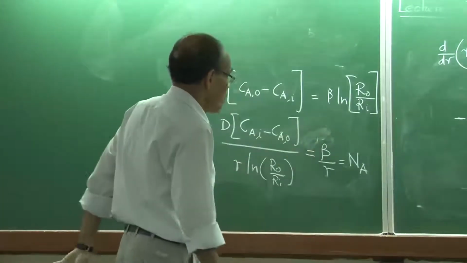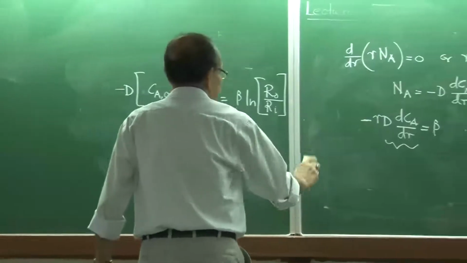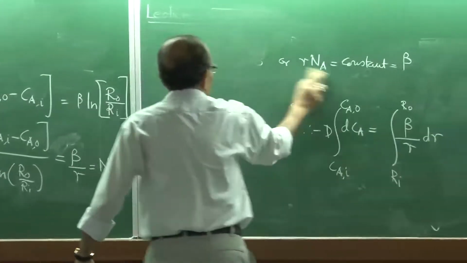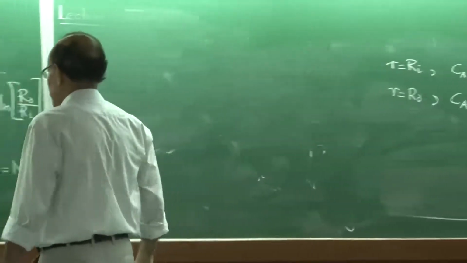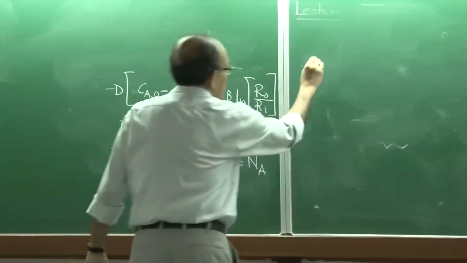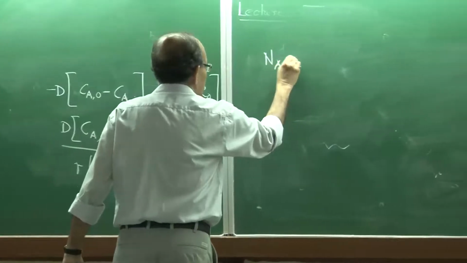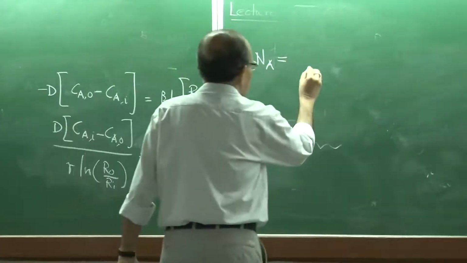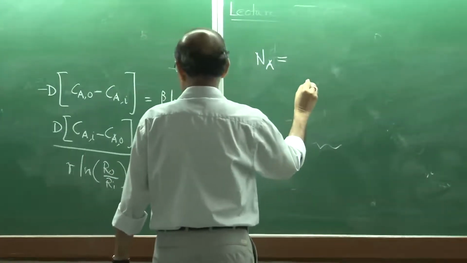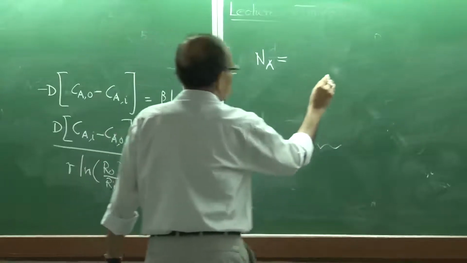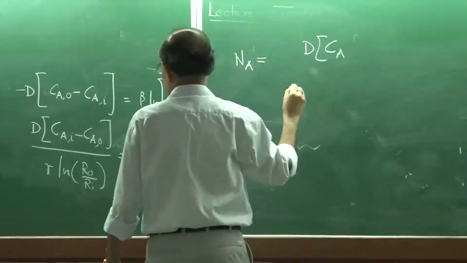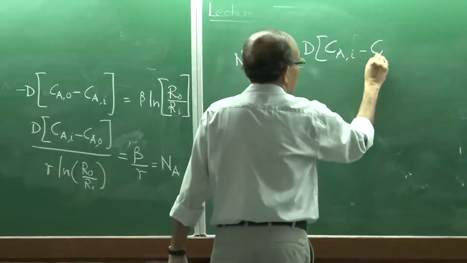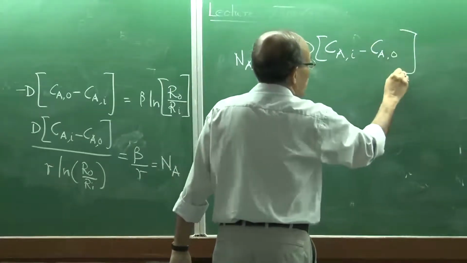So therefore we can say that the flux is equal to CAi minus CA0, divided by the appropriate terms.